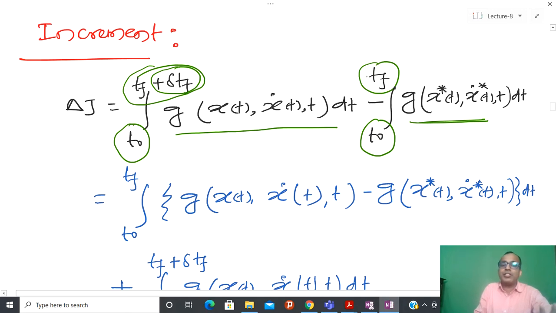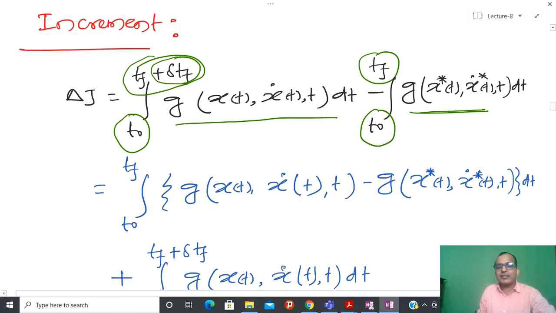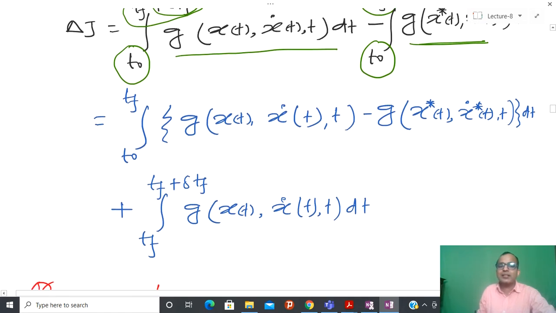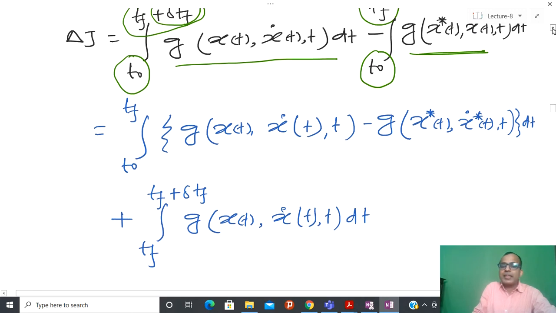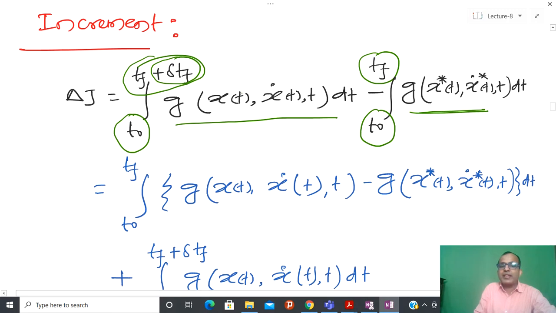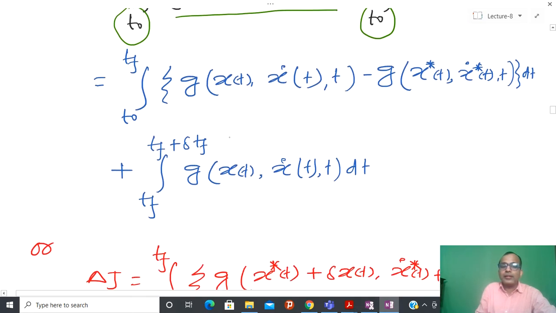So you have to be a little bit careful whenever the variation delta TF comes into the picture. After that, same like the previous class, we are going to split this particular definite integral into two parts: one part from T0 to TF, and the second part from TF to TF plus delta TF.